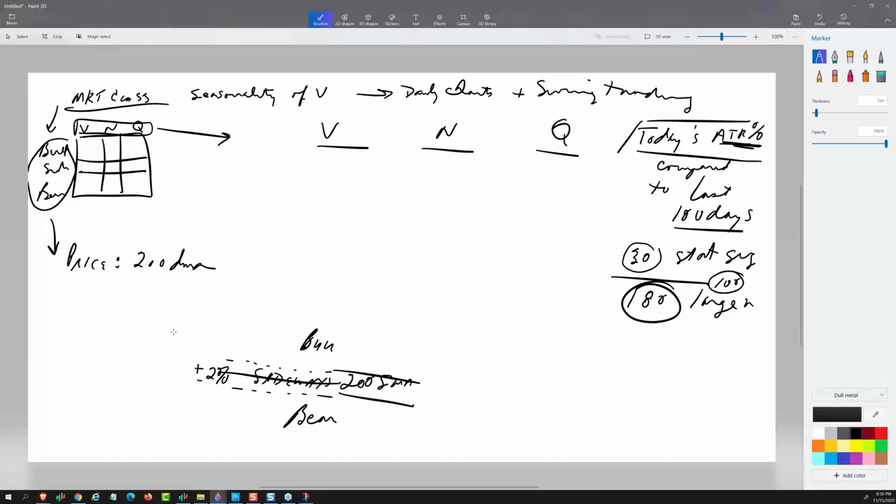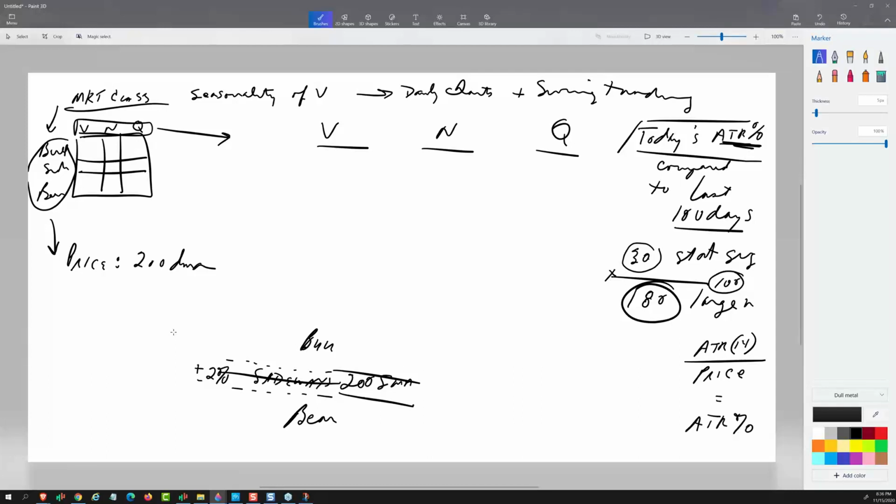I just went with 100 because it was like splitting the difference between 30 and 180. So the way I compute that is I take today's ATR 14.